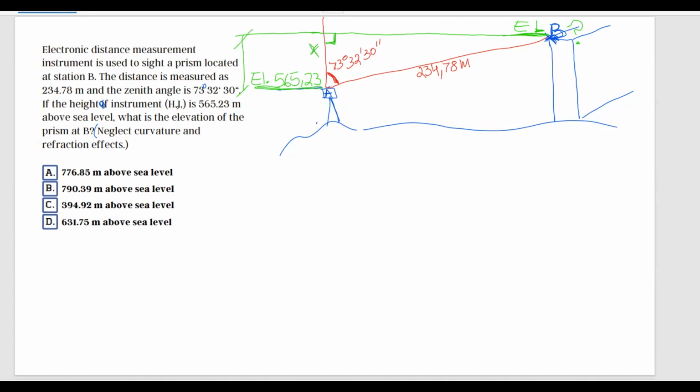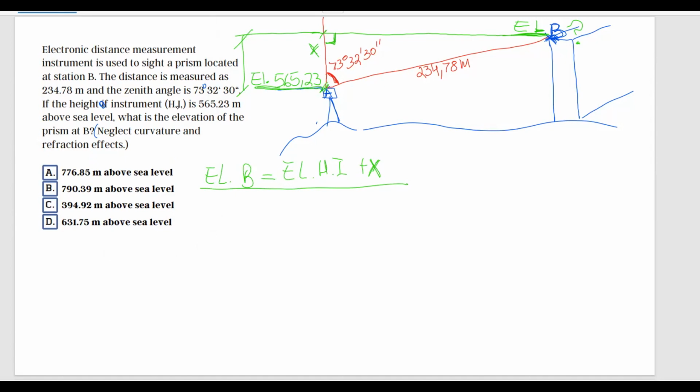This is my distance x that I have to calculate. And the elevation at B is going to be equal to the elevation of the height of instrument plus x. So let's calculate x.